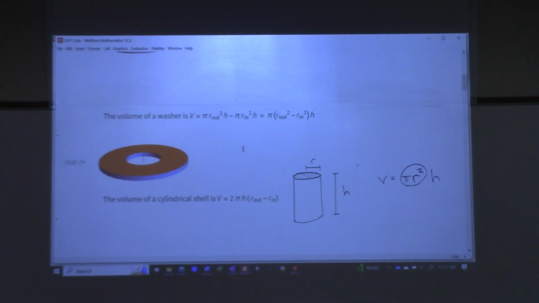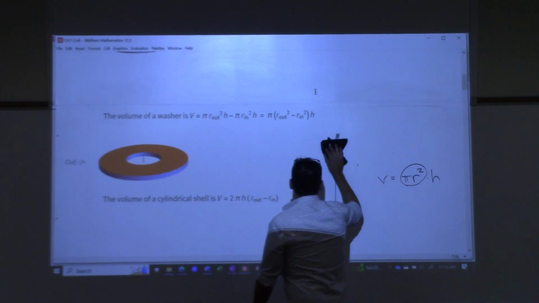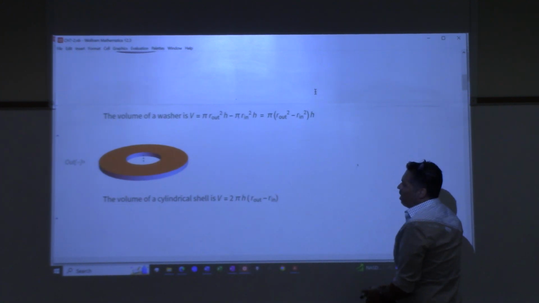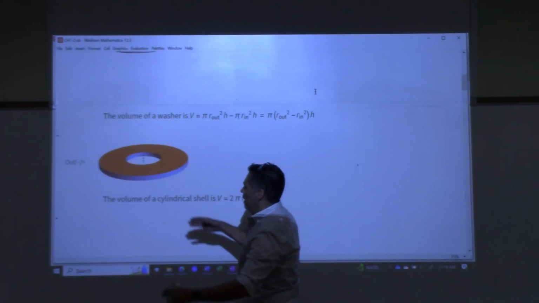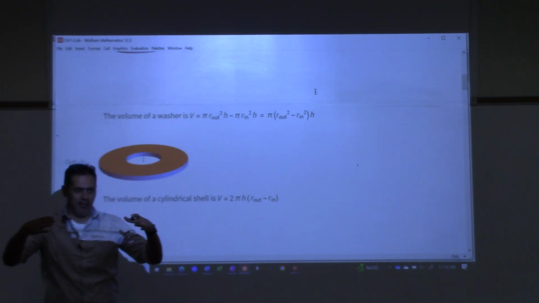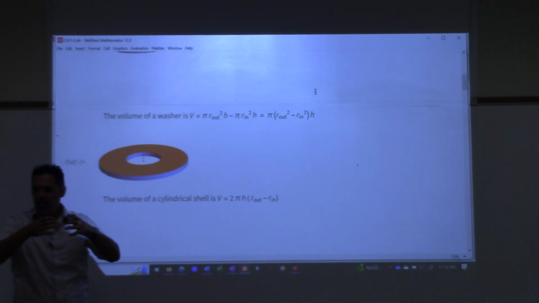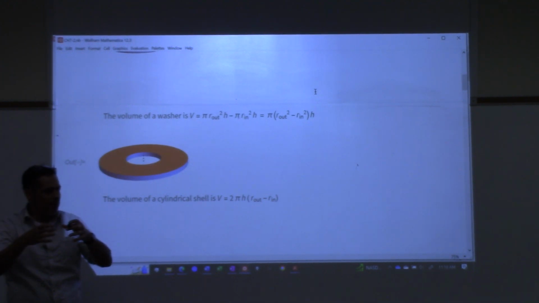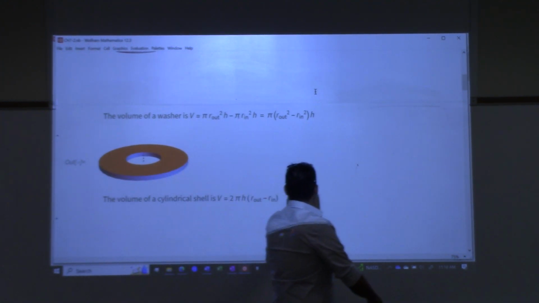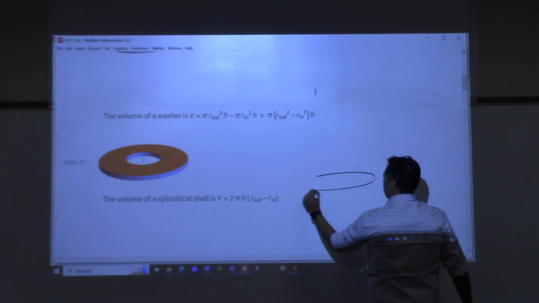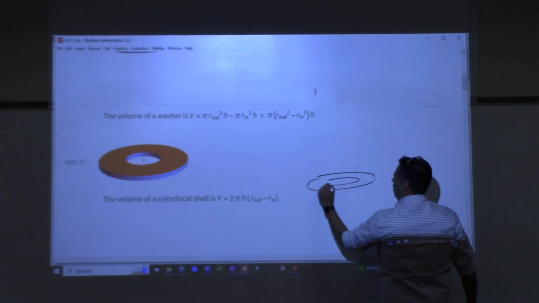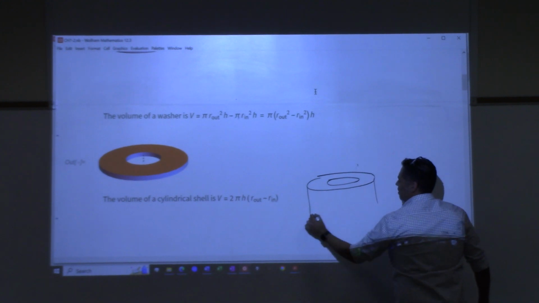is a washer. Okay? So it's not as bad as it looks. It looks kind of bad, but a washer is basically a soda can where you cut a soda can out of the inside of it. So you've got two cans, a big can and a small can. I'm going to draw that over here again, making this picture a little bit different.